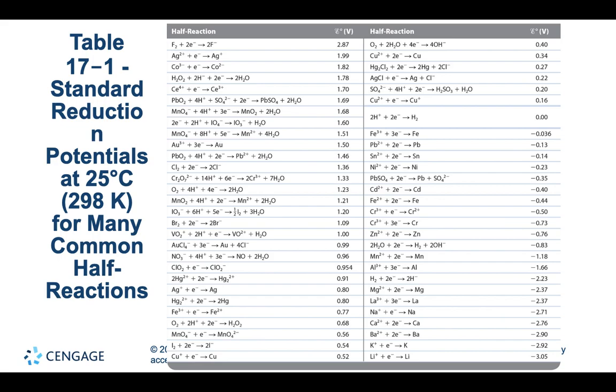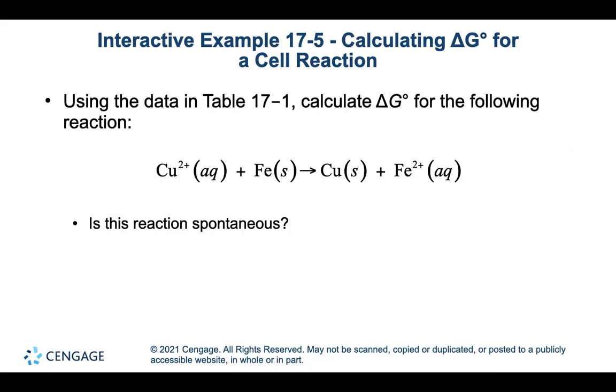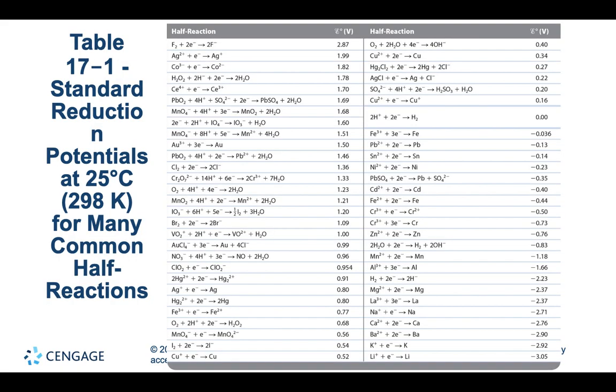Now, to further do the math, to get the delta G, I want to know what the E naught of the cell is. I want to know what the voltage of the cell is. So looking at the number line, the copper reaction was at 0.34. The iron reaction is at negative 0.44. So E naught of cathode minus E naught of anode, 0.34 minus negative 0.44. Actually, because one's negative and I'm subtracting it, I'm adding it.